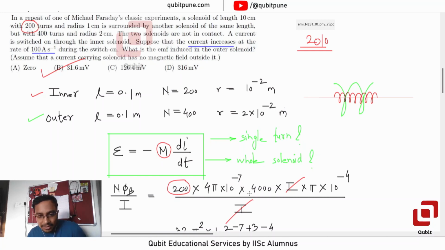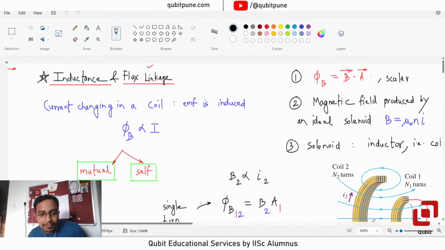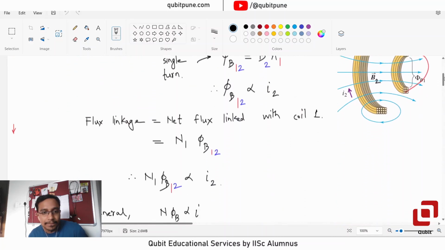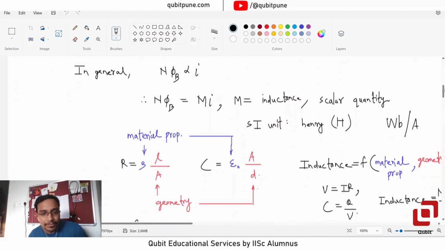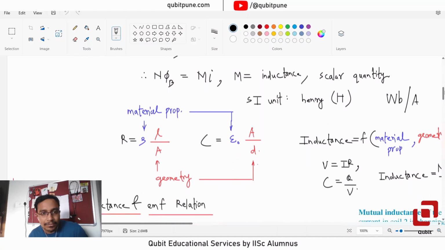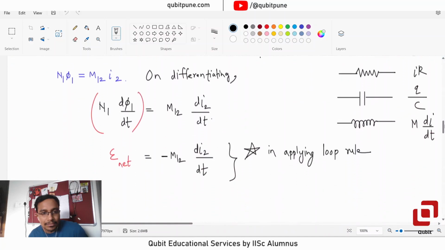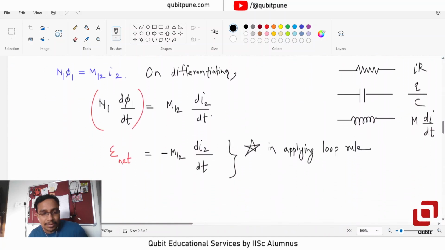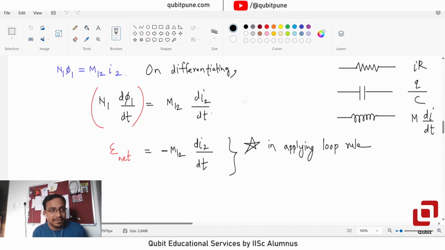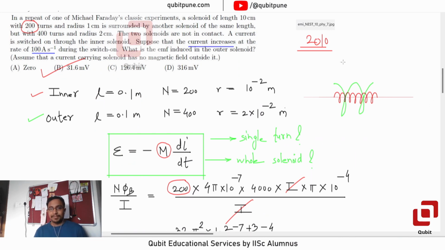Got it? Let's come to the theory now. When we consider epsilon net, that is already incorporated, so it's just the mutual inductance, and there's no need to multiply it again by 400 or 200, whatever that number is. Got it? Okay.